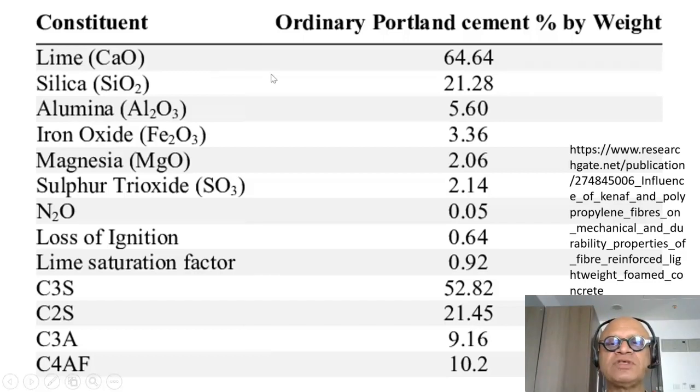monitored as well. So this is a general constituents of ordinary Portland cement in percentages by weight. So lime, which is very dominant, is something that can be weathered using CO2. So it's like putting Pepto-Bismol essentially, and there are the other constituents like silica, alumina, iron oxide, magnesia, and so on and so forth.